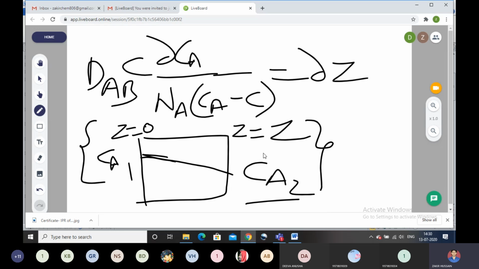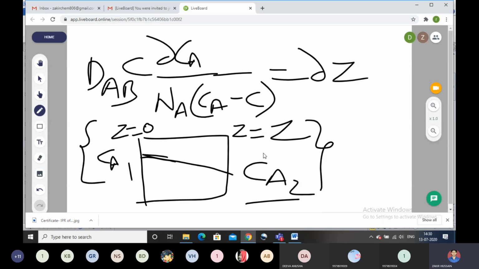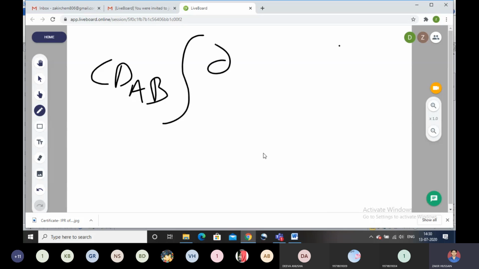We need to consider these boundary conditions in our integrals, so we need to set the integral limits. If you see here, dou Ca by Na, we can take common. Na is obviously constant, so we can take it outside of the integral because it is not a variable.